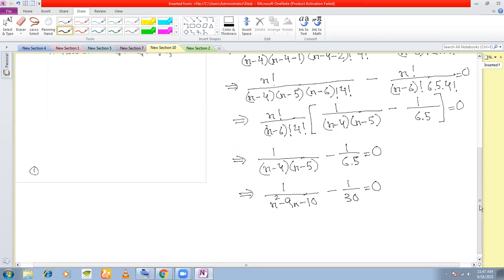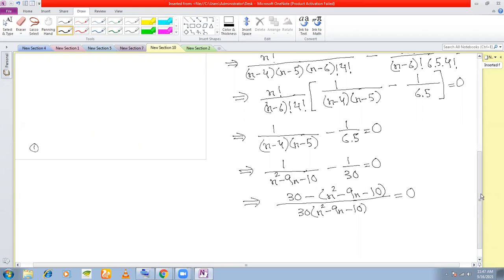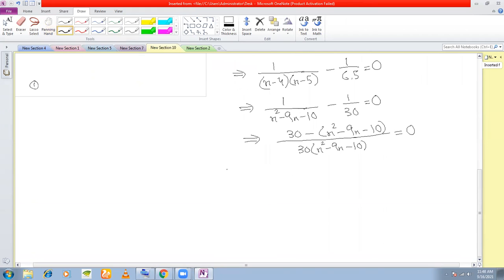Okay. So now you can take the LCM. 30 times n square minus 9n minus 10, and in the numerator you will have 30 minus n square minus 9n minus 10 is equal to 0. So that means 30 minus n square minus 9n minus 10 is equal to 0. That means you get 30 minus n square plus 9n plus 10 is equal to 0.